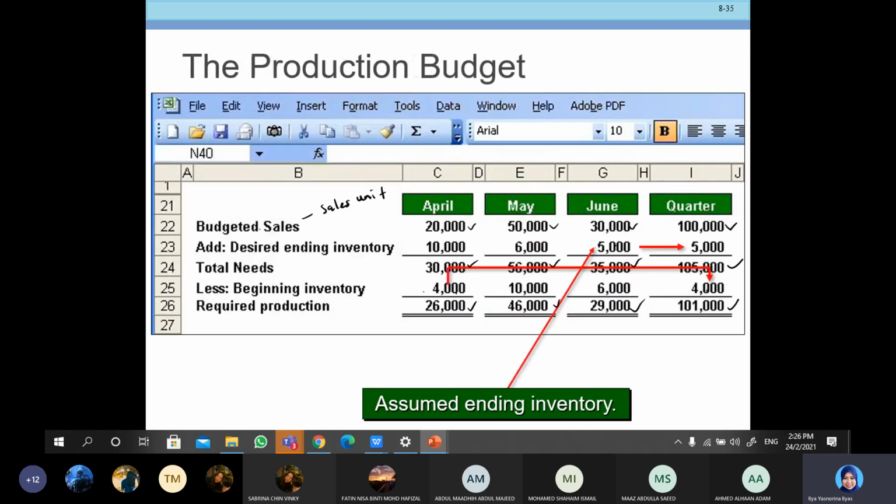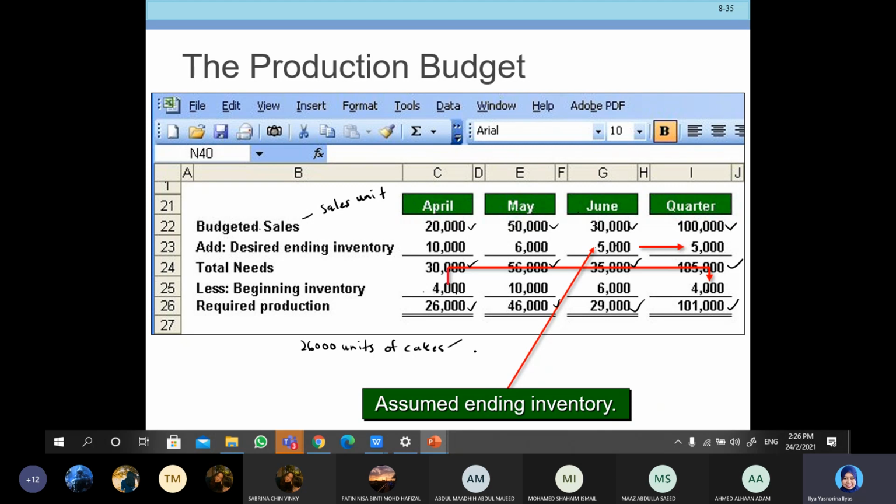Okay, after we already identify how many units they need to produce in April, 26,000. How many units to produce in May, 46,000. How many they need to produce in June, 29,000 units. Okay, and after we identify this unit, 26,000 units, let's say units of cake. What is the direct material that we need in cake?